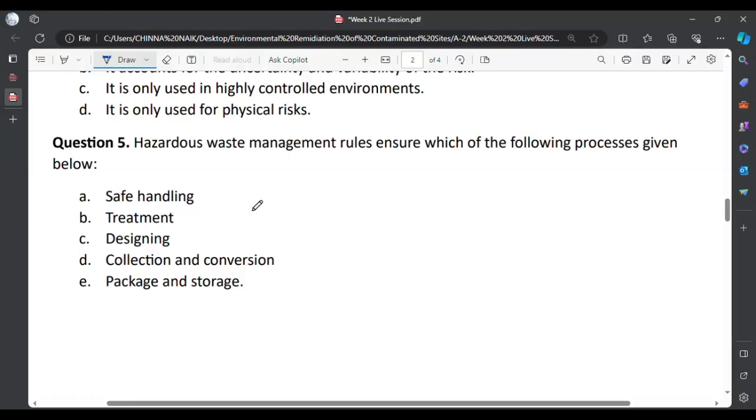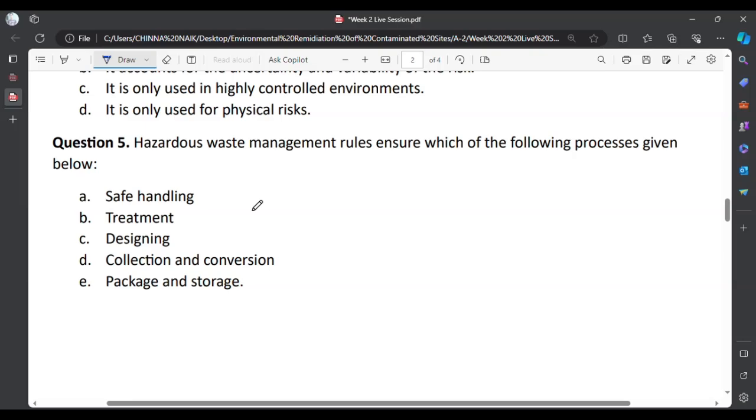Next, question number 5. Hazardous waste management rules ensure which of the following processes given below? Among the five options given, which processes do the hazardous waste management rules ensure?